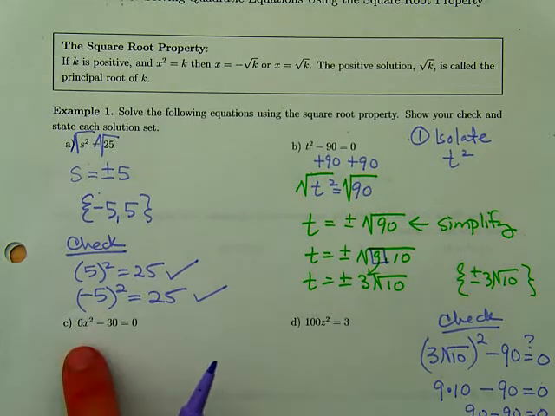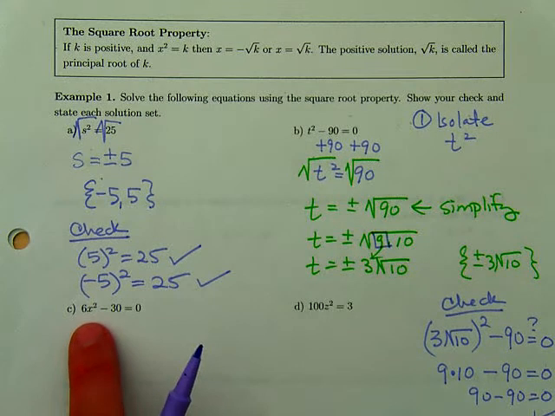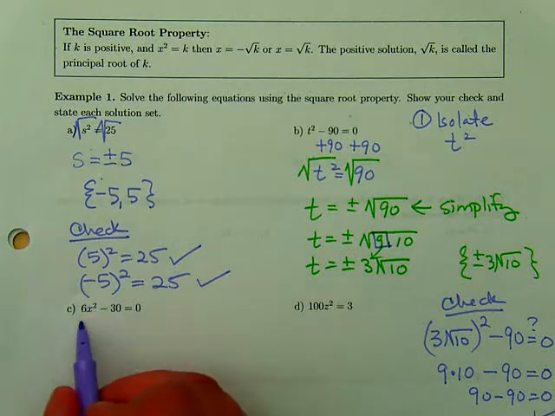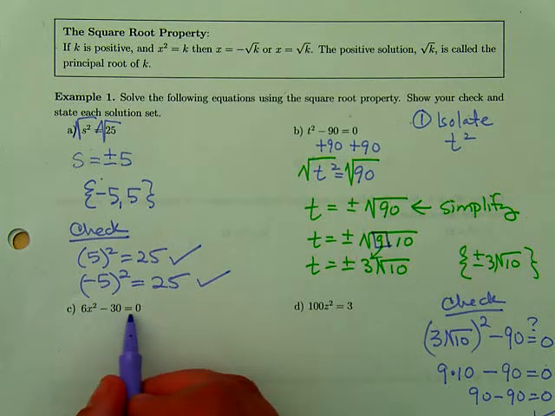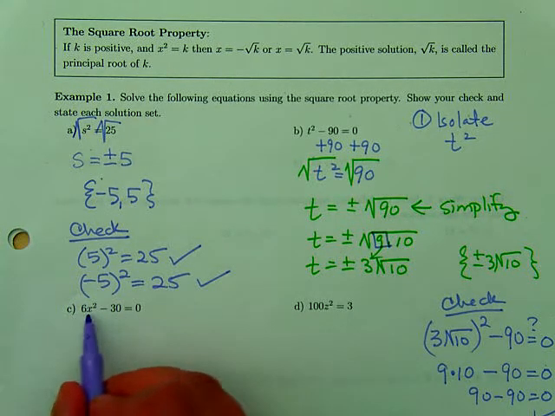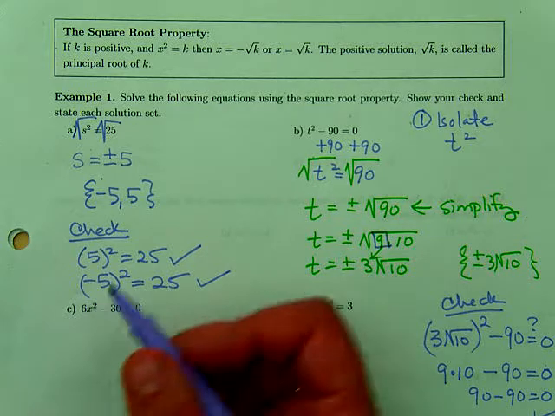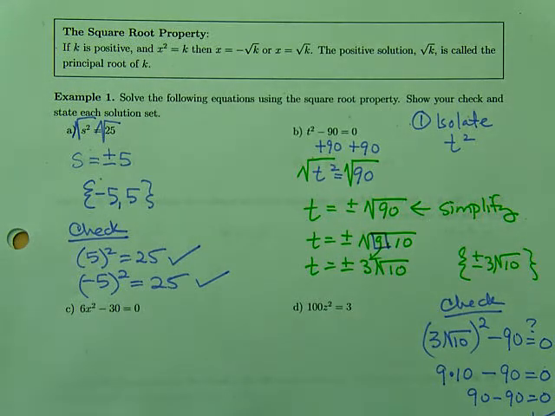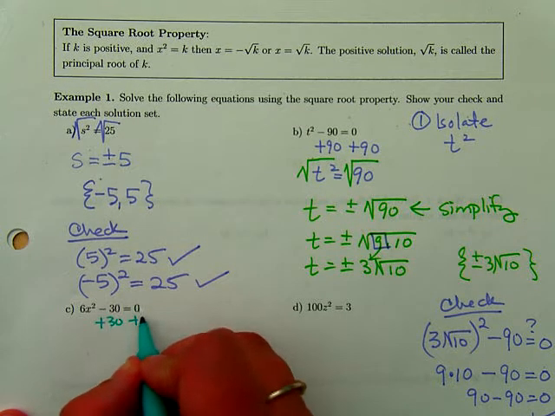Okay? So our goal is always going to be to get that perfect square by itself, that x squared. So here, just like as if we had 6x squared minus 30, we're going to undo everything to get that x squared by itself. So what would I need to do to both sides in order to get x squared by itself? Add 30.